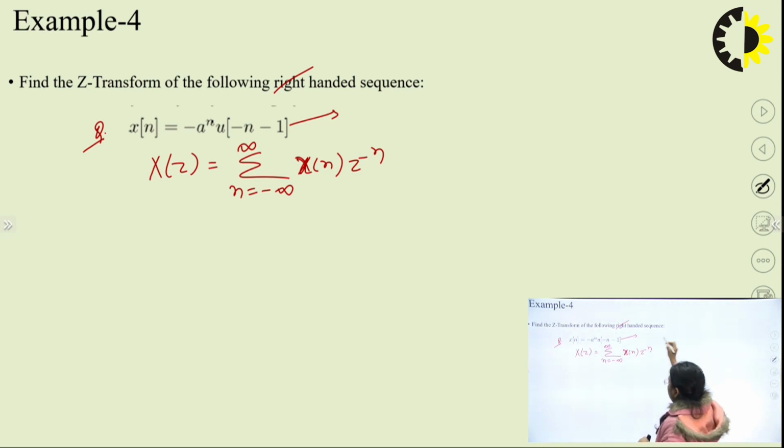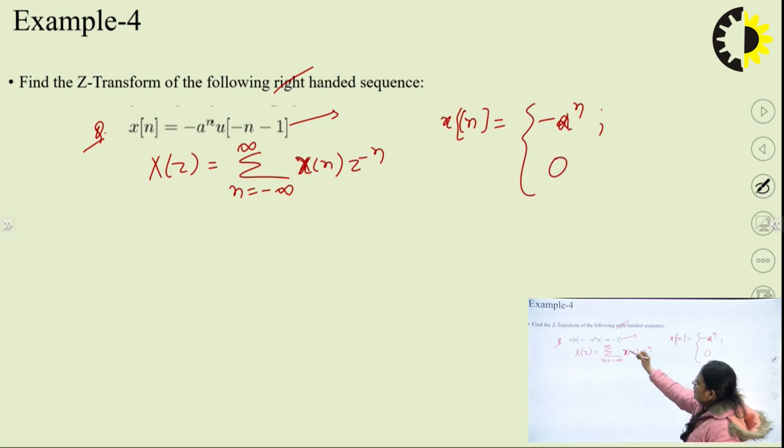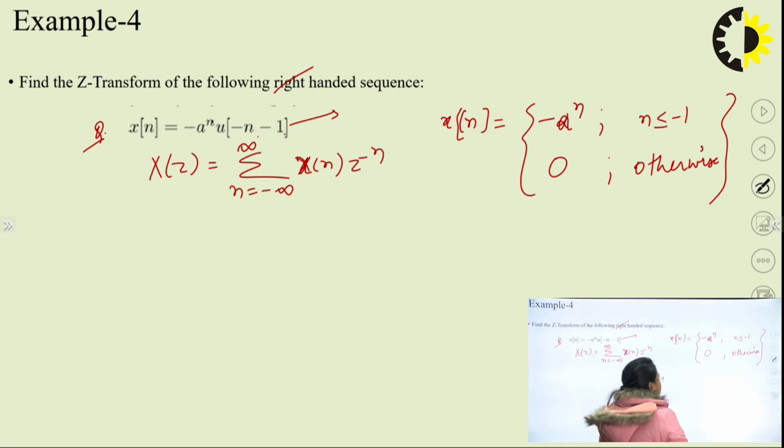You can see here the value of x[n] will be -a^n for n less than or equal to -1, or otherwise the value will be 0.